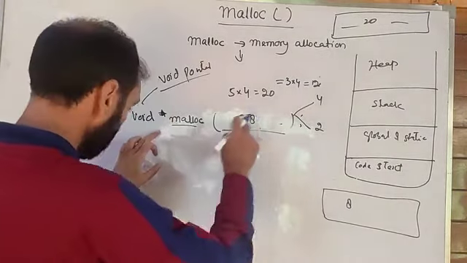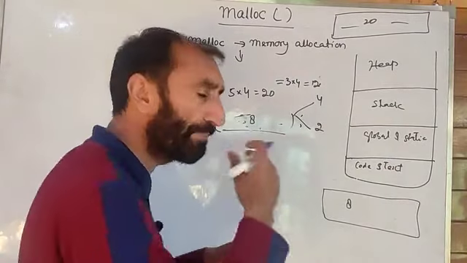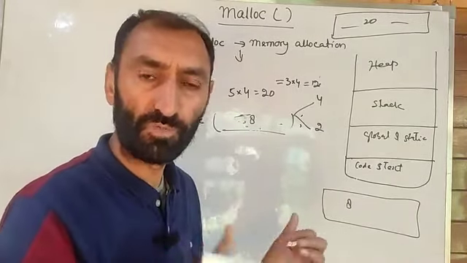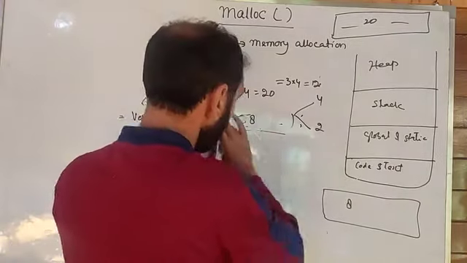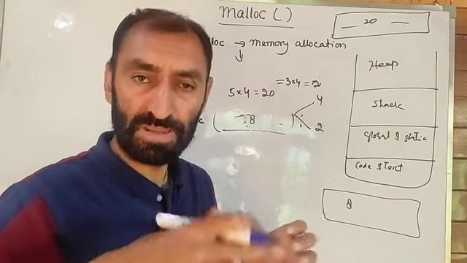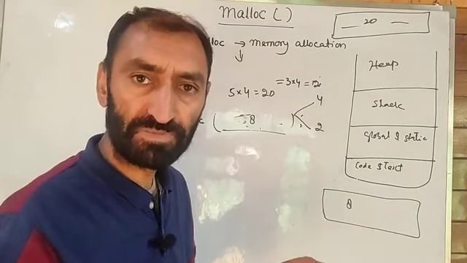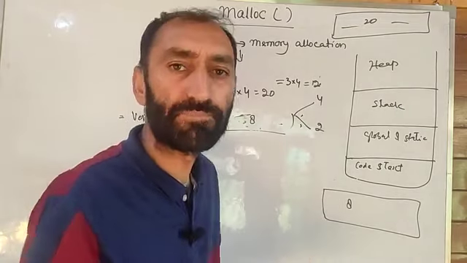But at this time, malloc does not know what type of data I want to store in it, whether I want to store integer data, float data, or character data.